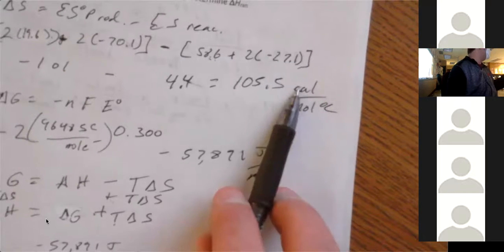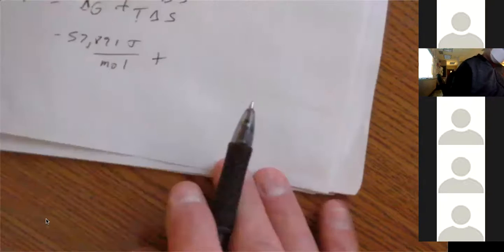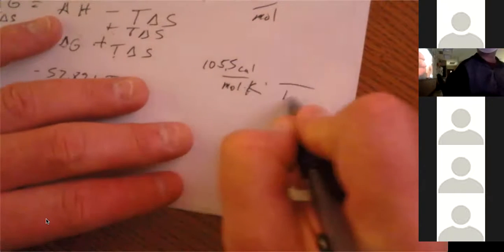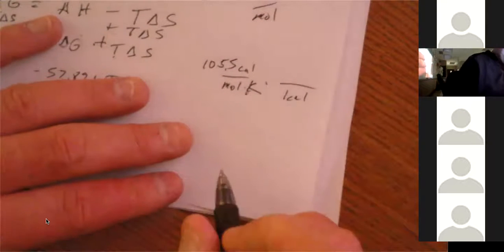We can't keep this as calories though. What do we need to do to that? We need to change it to joules. So let's do that right here. I'm just going to go ahead and say that's per mole Kelvin as well now. I don't want to have to deal with that anymore. Every 1 calorie is what? 4.184 joules.